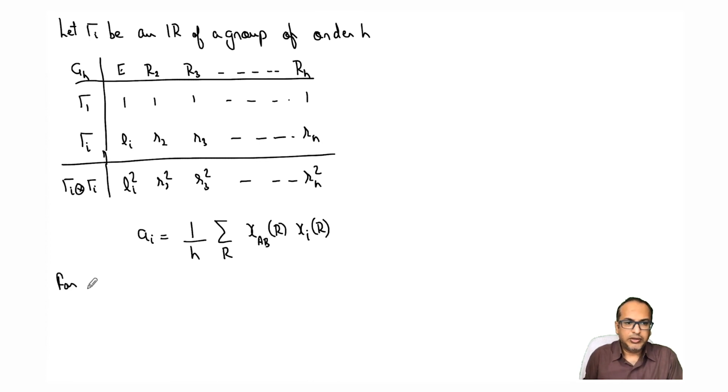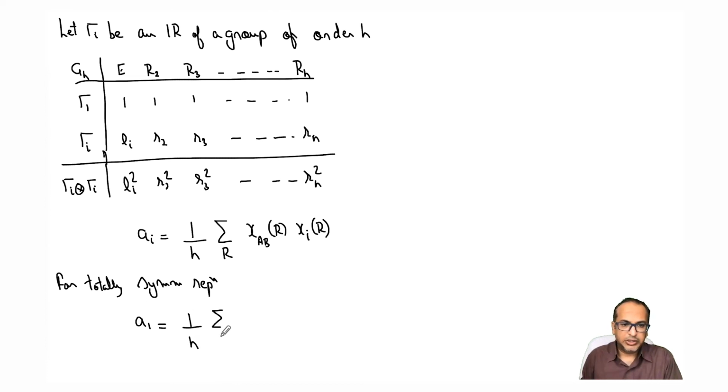So for the totally symmetric representation, if we want to find out what is the component for the totally symmetric representation, we can say that this will be A1 and this will be tau 1 here. So I can say that A1 is equal to 1 over h summation over all R chi AB of R, and this will be the character under the corresponding symmetry operation, which will be actually 1, right?